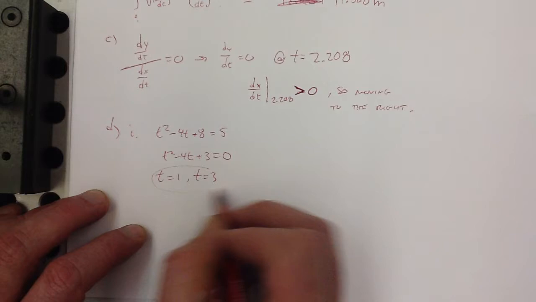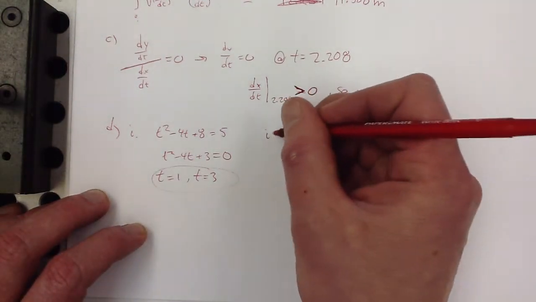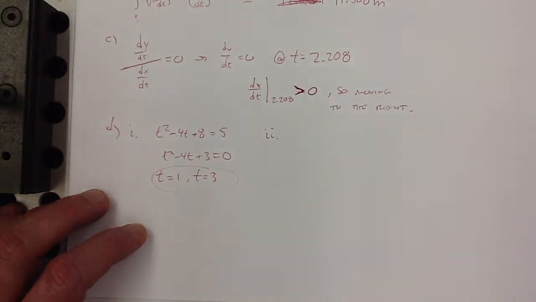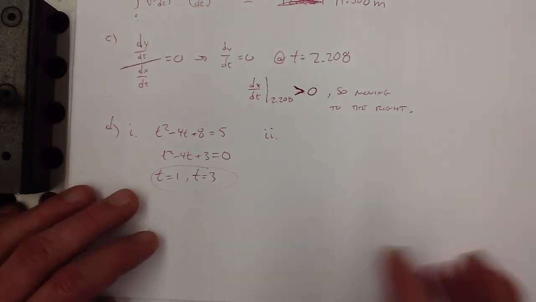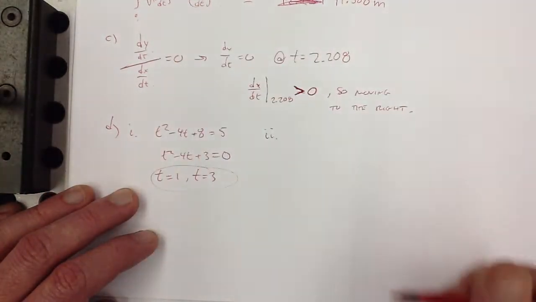Part 2, we want to find the slopes of the lines tangent to the particle's path at that point. Well, that's dy/dt over dx/dt.